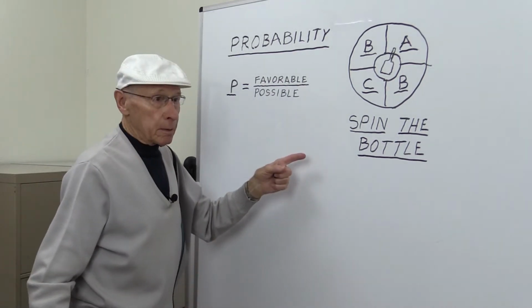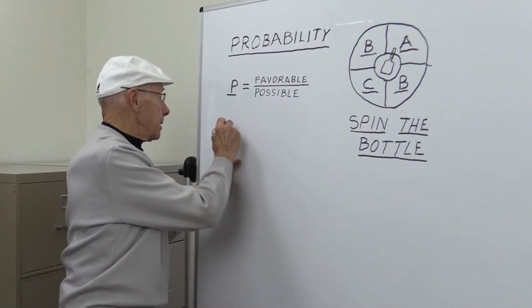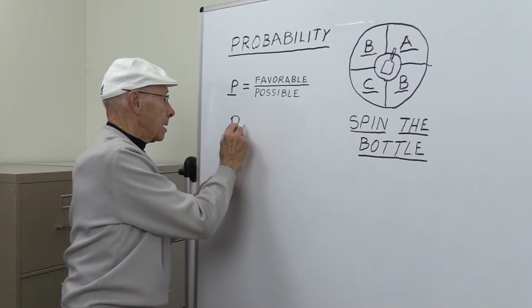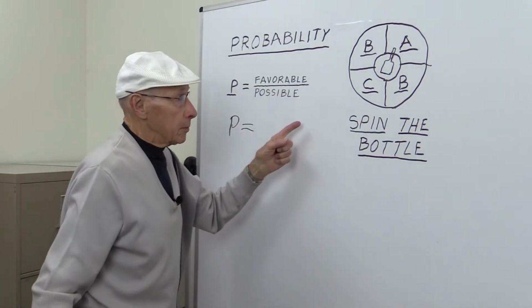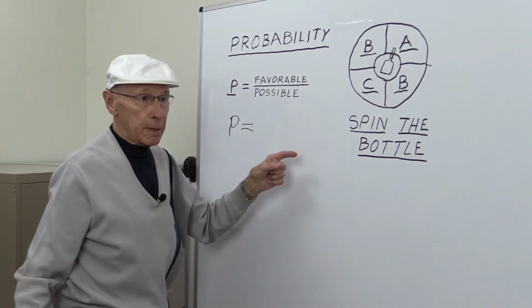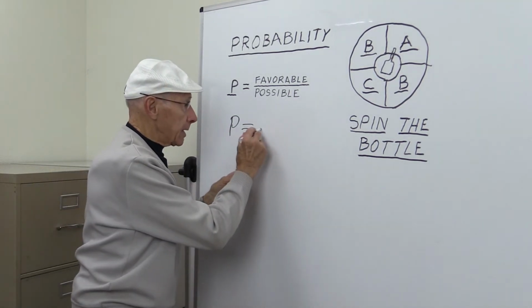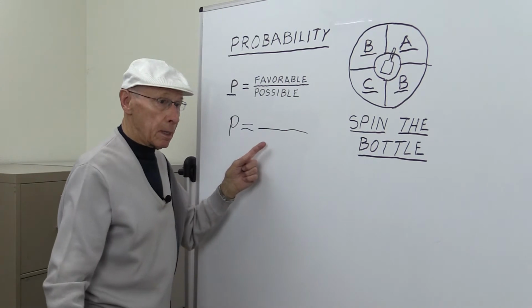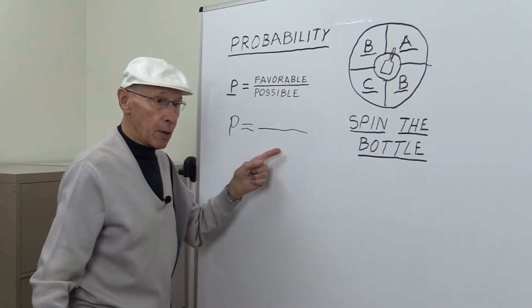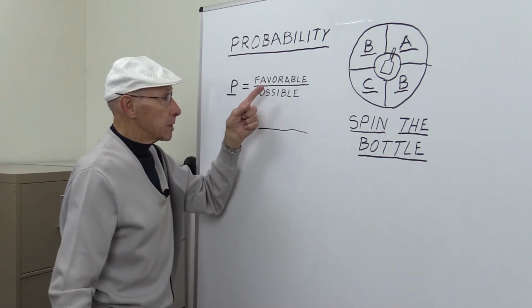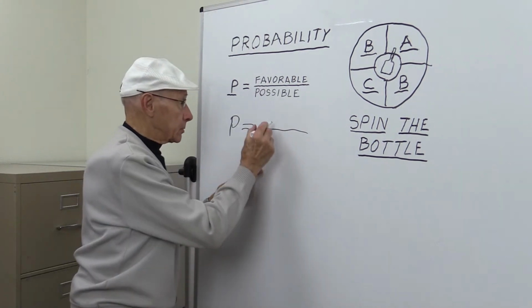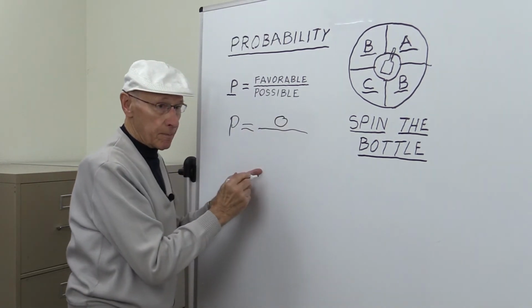We spin the bottle, and P is equal to we want the bottle to stop on D. Well, there is no D. So let's take a look and see what the probability of the bottle stopping on D. So the favorables, there is no D. So if there's no D, that's a 0.